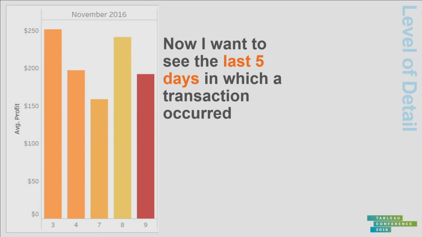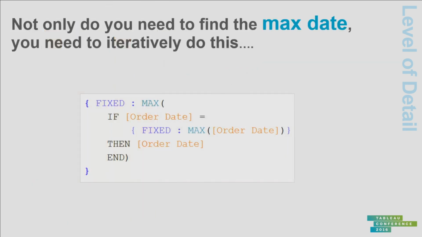So not only do we need to find the maximum date, we need to iteratively do this, right? I can't just say, okay, max date and then -5 and keep that, because that's just going to keep to me the calendar dates of the last 5 days without regard to if data was entered on that day.